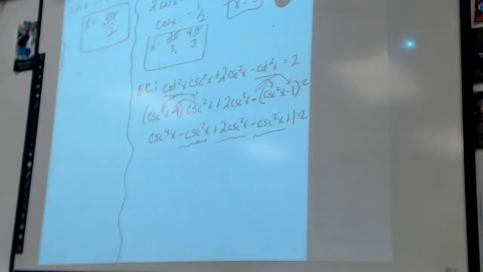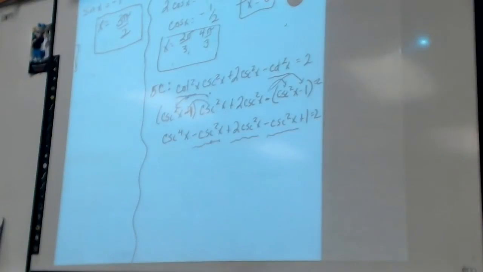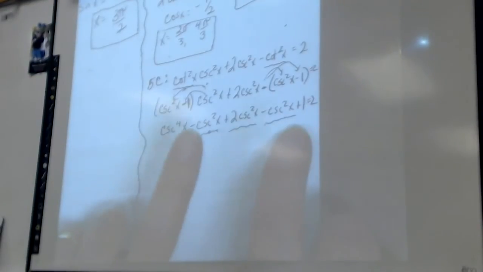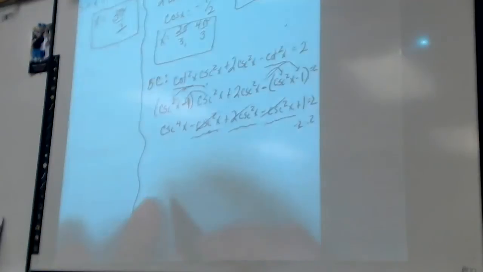It's like negative 1 plus 2 minus 1, so they cancel out. Then we want to subtract 2 from both sides. So we have cosecant to the 4th x minus 1 equals 0.